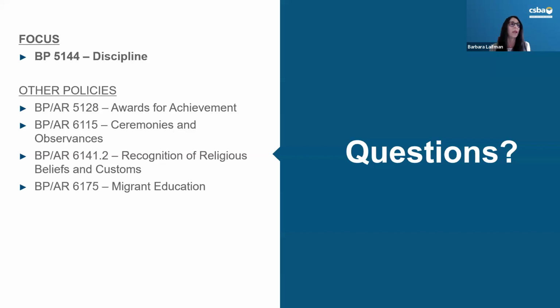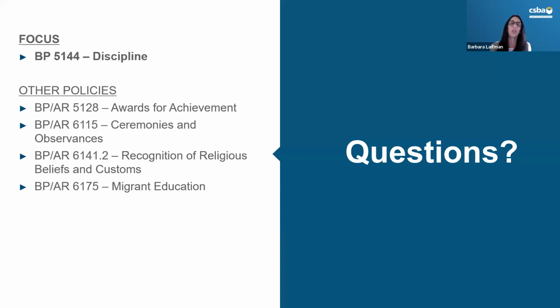So, okay, next question: is 5126 optional? Is the first part of the question. And I went back to our mandate list to double check. And it is a conditionally mandated policy, which means that if you do offer awards, granting awards for students, there are certain laws that need to be followed. It's also conditionally mandated for districts that have established a scholarship and loan fund regarding rules for the committee selection and governing applications.